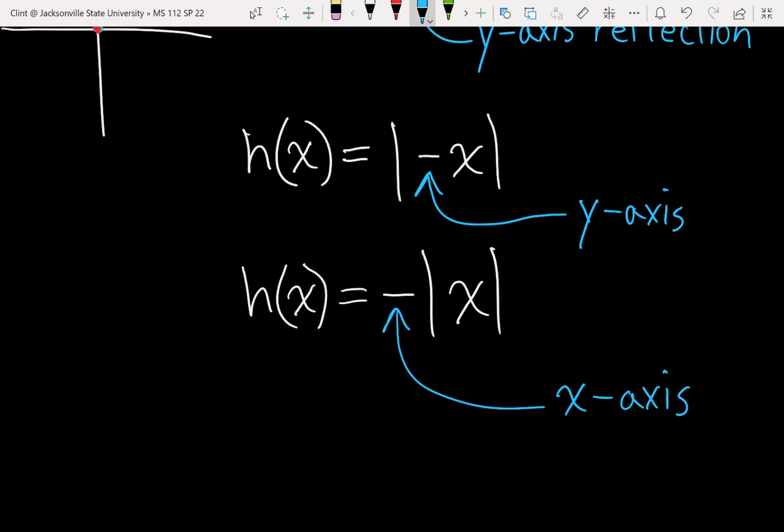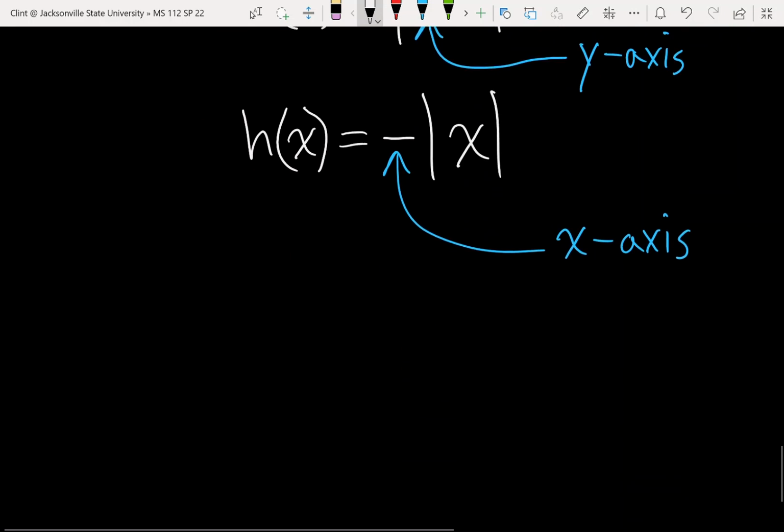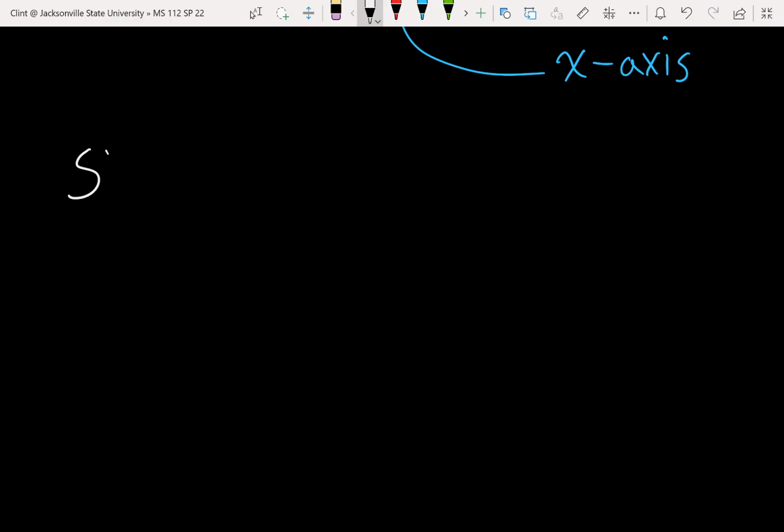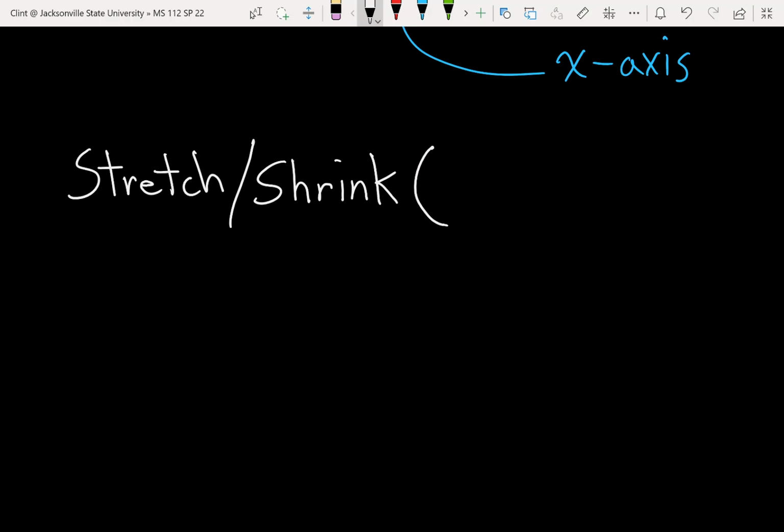One more type of transformation. Okay, so we've got the shifts, reflections, and then one more. The last one we want to talk about is if we either stretch or our textbook calls it shrink. Maybe a better thing to say is we would compress the graph.